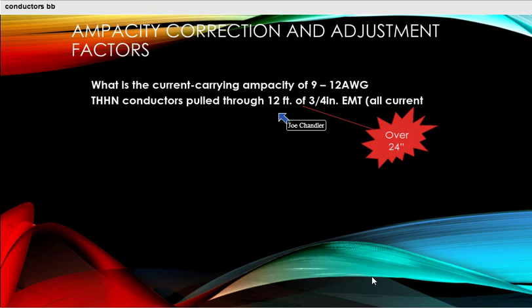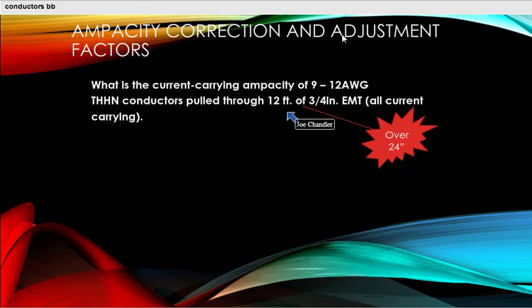So whenever you see the length of a raceway included in a problem, that's not just trying to throw you off your game. They're giving you some information to let you know, okay, it's more than 24 inches long, so because there's 9 of them, I do need to apply the correction factors in 310.15(B)(3).